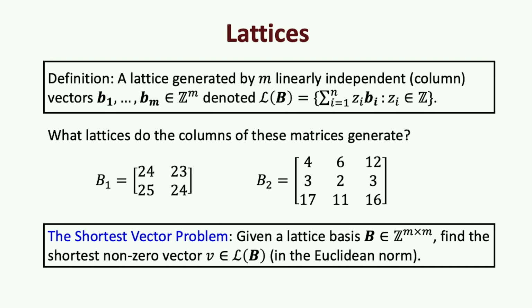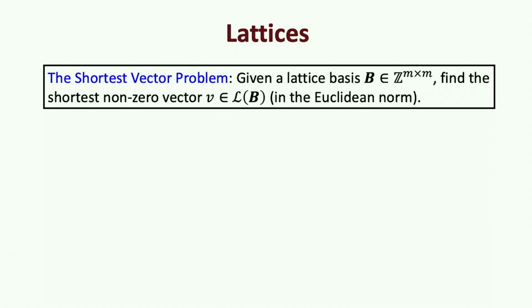If you've taken a class on algebraic number theory, this figures prominently in the first few lectures. So that's what lattices were used for to begin with. Then starting from Lenstra and Lovász, people started looking at the computational complexity of finding these shortest vectors. Okay, so this is the shortest vector problem.